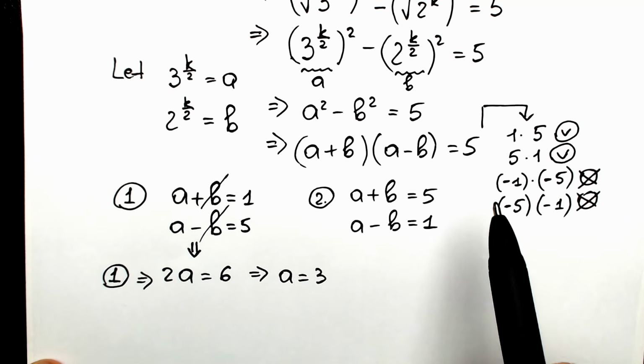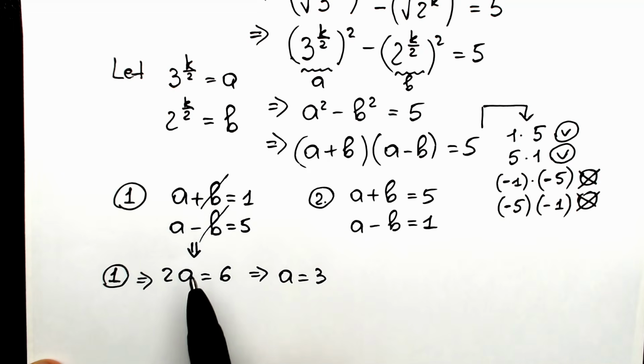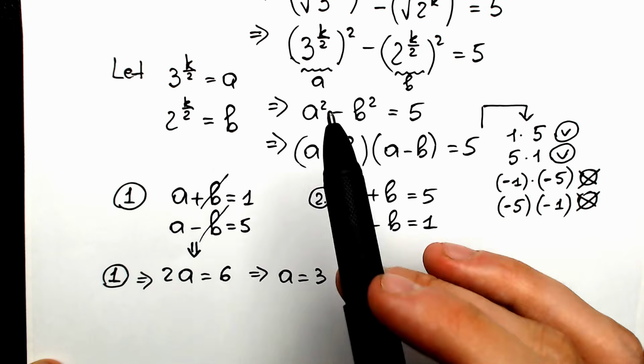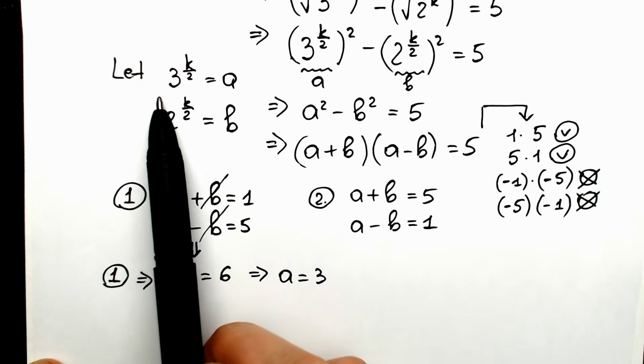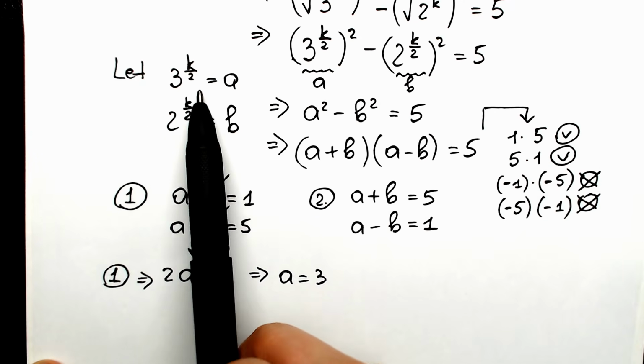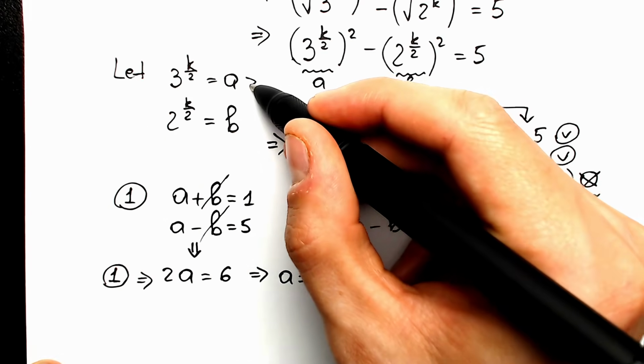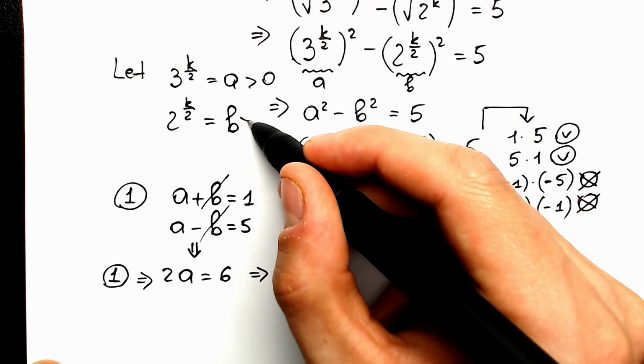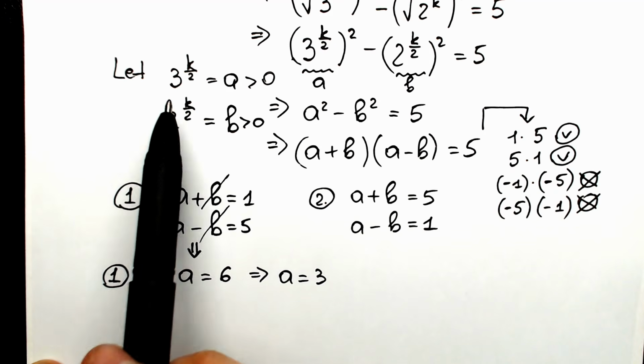And a few thoughts about these negative pairs. As I said before, these values need to be positive because this is an exponential function. So a needs to be greater than 0, and b is greater than 0, because we're talking about exponential functions.